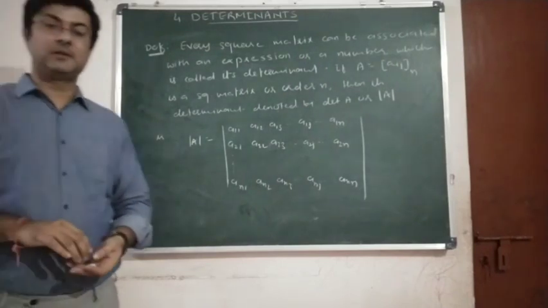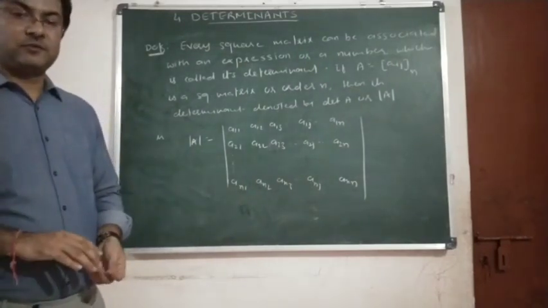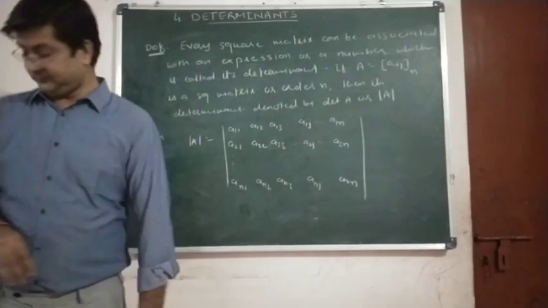Now let us see the determinants of the square matrices of order 1, 2 and 3 respectively.